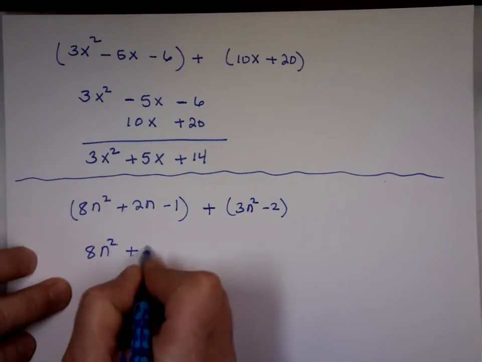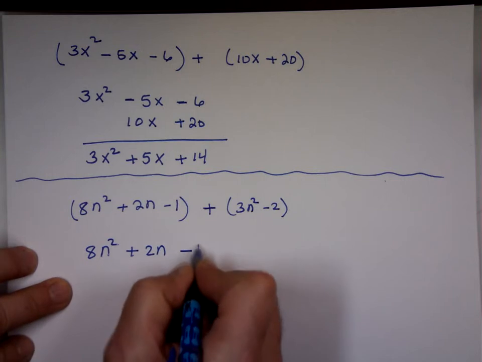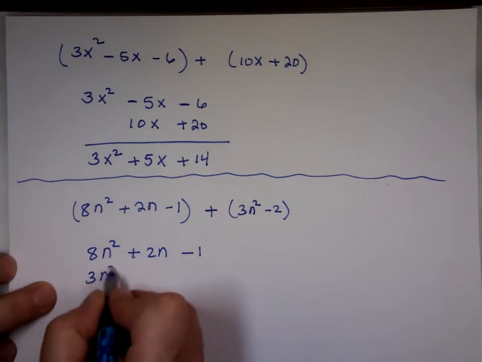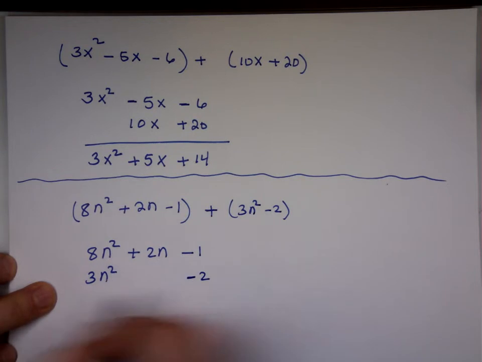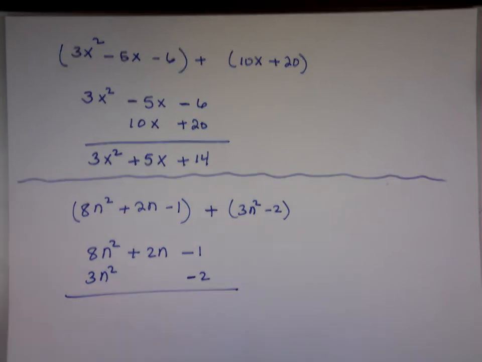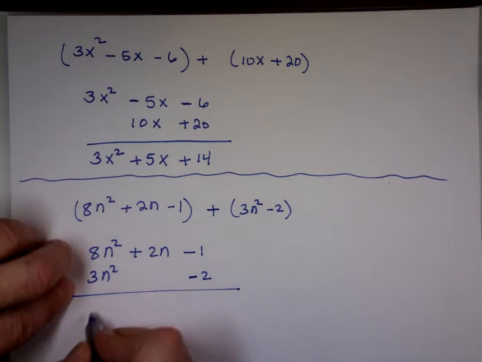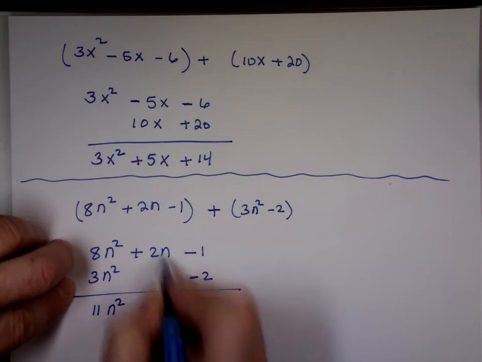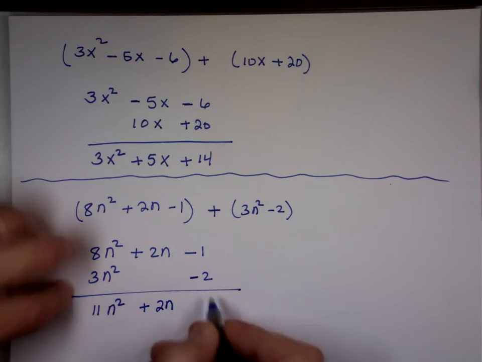Take the first one, and do it. Let's write the second one. 3n squared, and there's the minus 2. What's 8 plus 3? 11. 2n plus nothing? 2n.